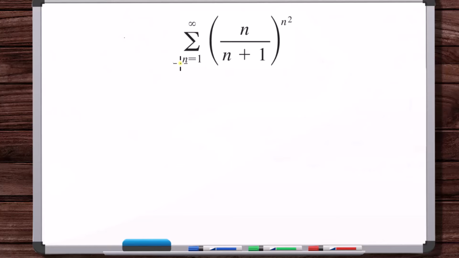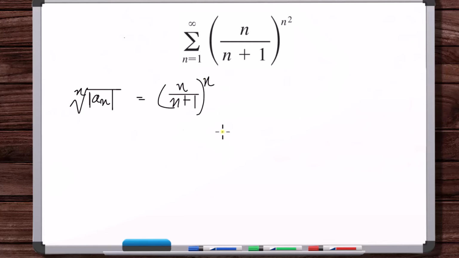Okay, here we're going to do the root test. So the absolute value of a sub n, the nth root, this is always positive, so we're going to have n plus 1.